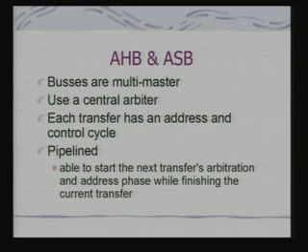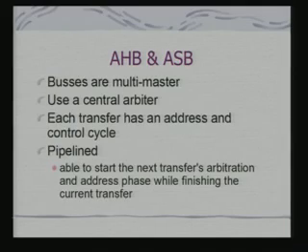These buses, I already told you, are pipelined buses. What does that mean? They can start the next transfer's arbitration and address phase while finishing the current transfer. While the current data transfer is taking place, it can start the arbitration for the next phase. Obviously, since these are pipelined, the speed at which the transfer takes place is much higher.